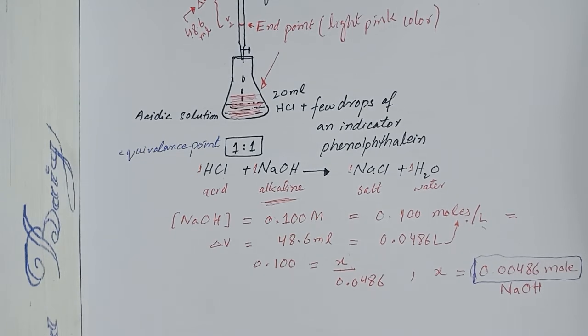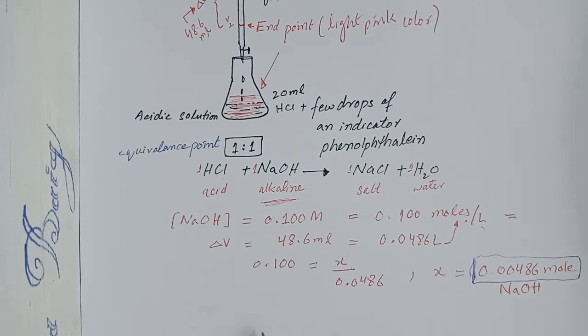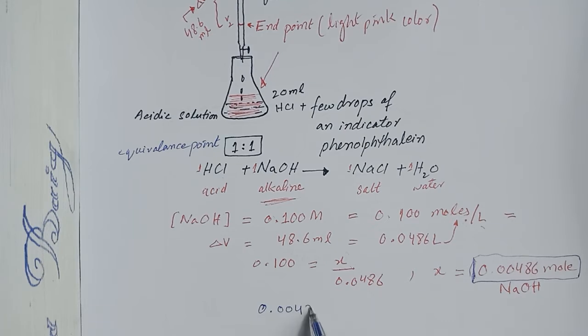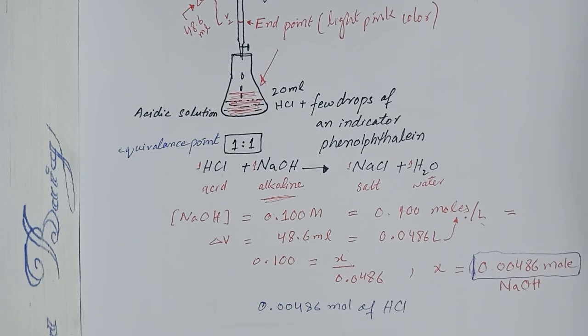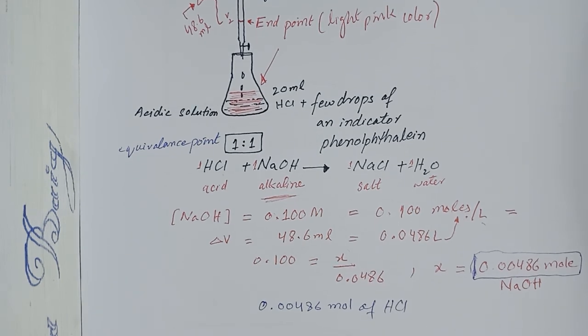So therefore I can go ahead and write that I must have 0.00486 mole of HCl in the flask before we started the titration.